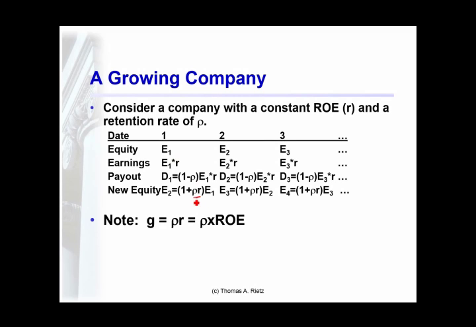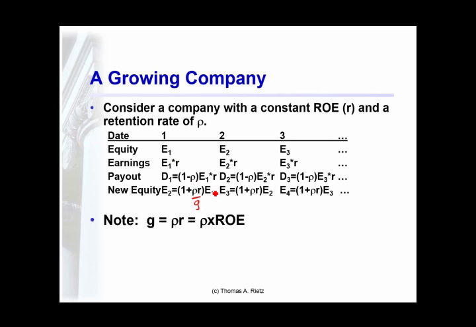So this creates a growth rate in equity equal to G, which is the fraction of the earnings retained, not paid out, times the return you're getting on investments. Usually people proxy that with the return on equity.